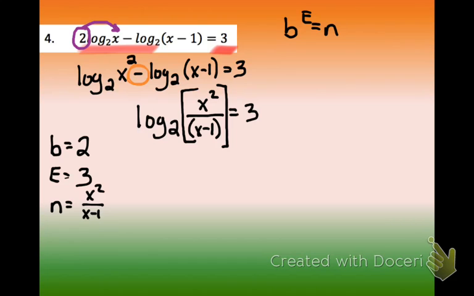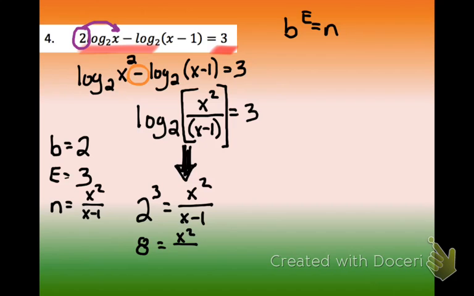So when we switch forms, we end up with 2 to the third power equals x squared over x minus 1. 2 to the third power is 8. And then we can do a little more of the cross multiplying. I'm going to have to come up here.